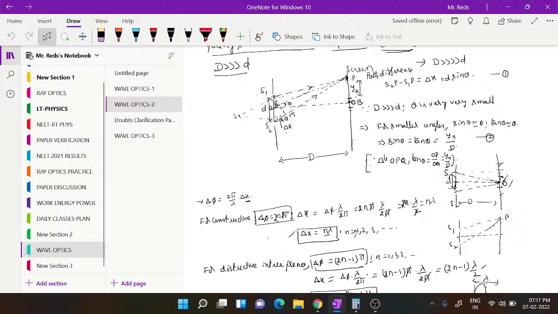So the bright fringes of all colors will mix up at the center, and this mixing will give you white color. So the central bright fringes for different colors are at the same position. Therefore, the central fringe is white.